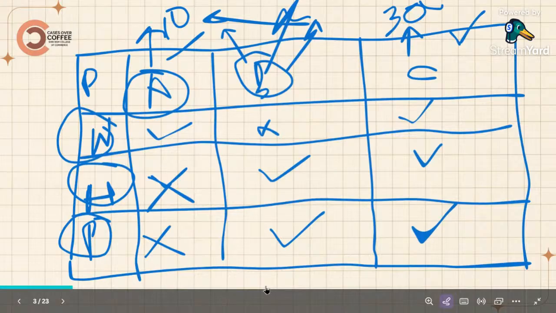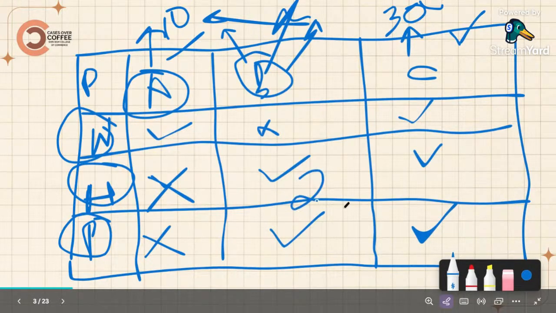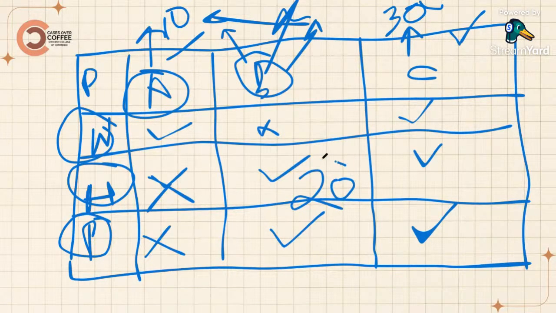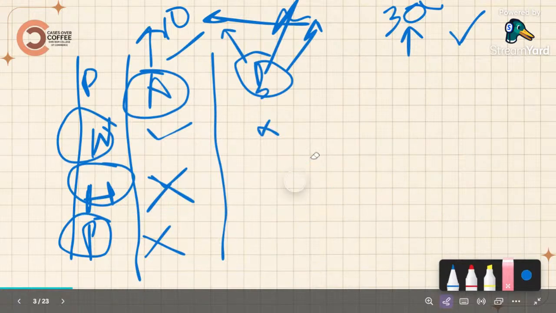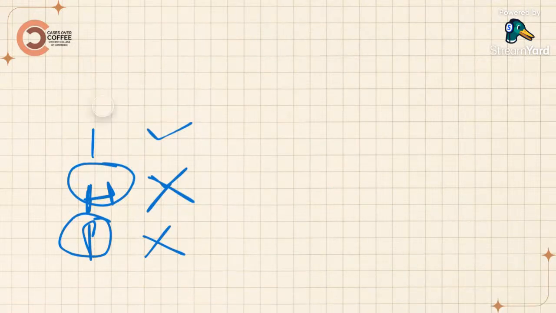So in this case we can price it at 20. This is something we usually take into consideration when we use the pricing model based on competitors.